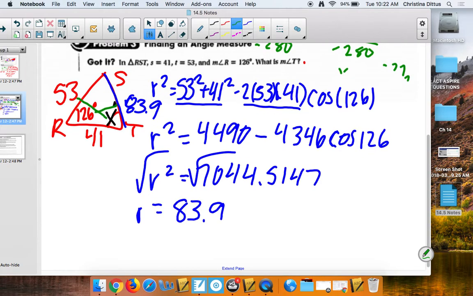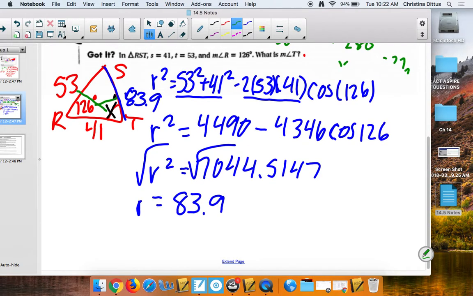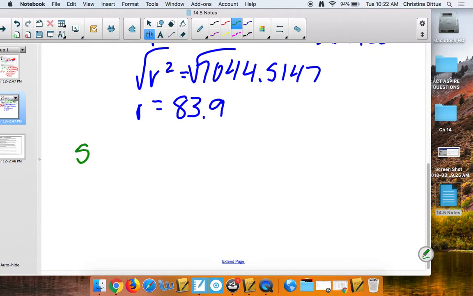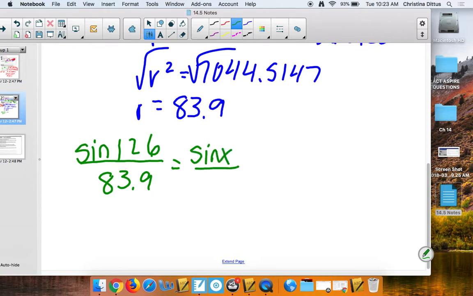So remember, sines are on top. So we have sine of 126 over the side across from it, which is 83.9, right? How's the other fraction go? 53, good.